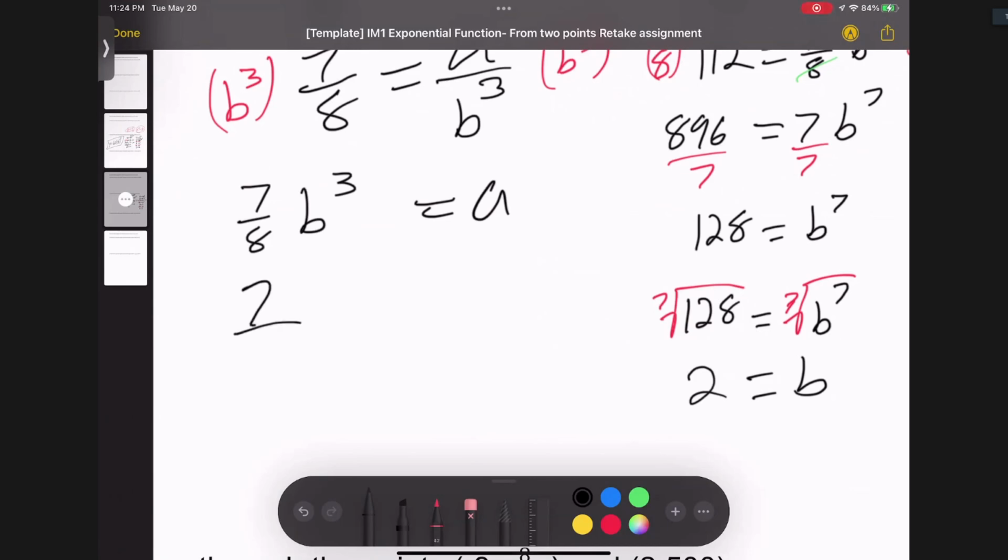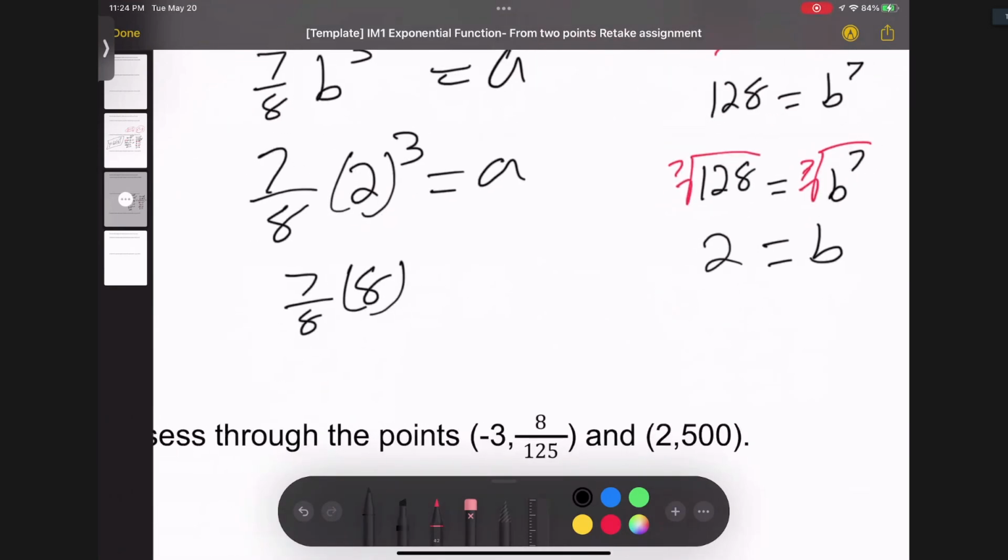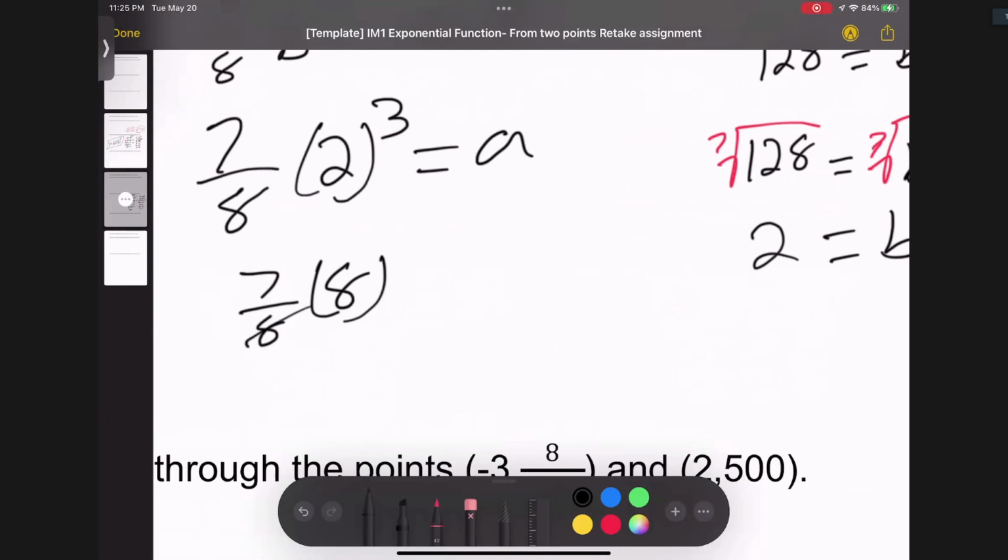We got 7 eighths times b, which is 2 to the 3rd power. We actually do not need the calculator for this one. What is 2 to the 3rd power? 2 to the 3rd power right here is 8. Now, if I do 7 eighths divided by 8, well, what is 8 divided by 8?